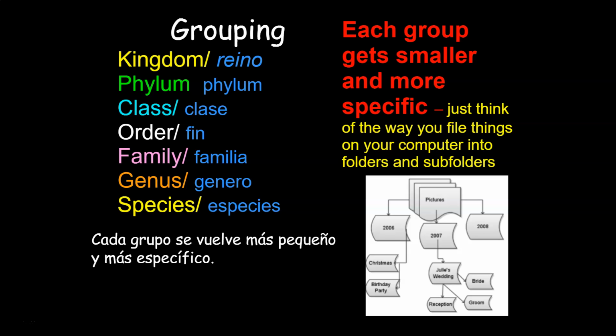Like for me this year, I put the whole school year in one big file. And then from that, I've broken it up into different units that we're teaching. And in that, I'll have specific things for each topic. And you can see here, like, here's a file of pictures.